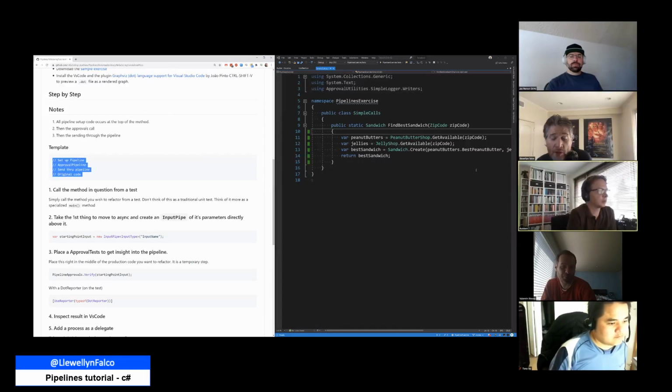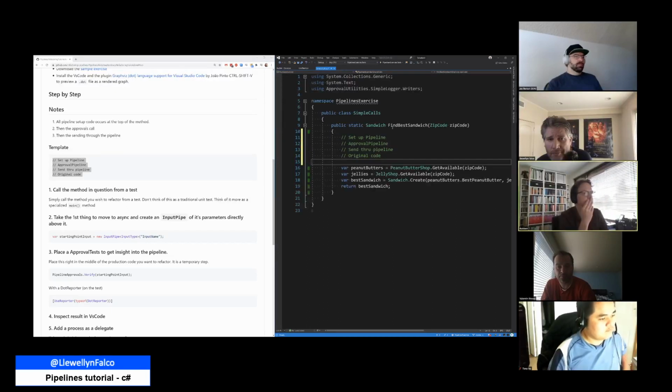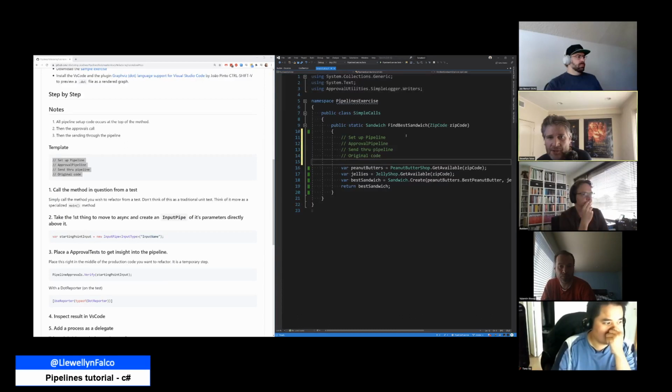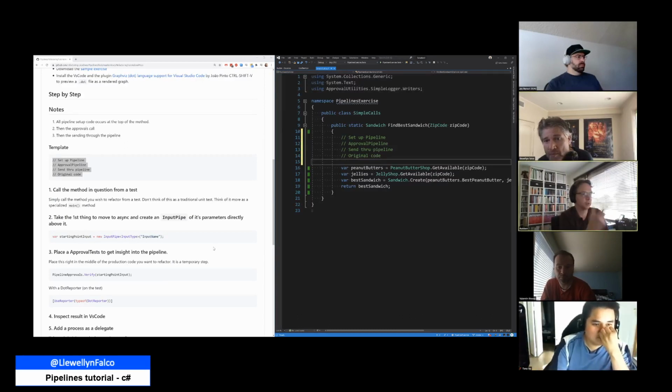Paste it at the top. Okay, yeah, please do. So these are the things you need to do, and the original code is what we have on the right. Exactly. Okay.